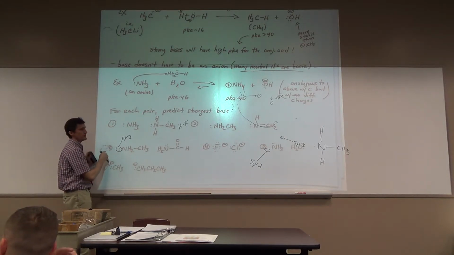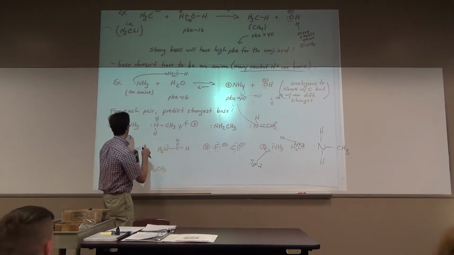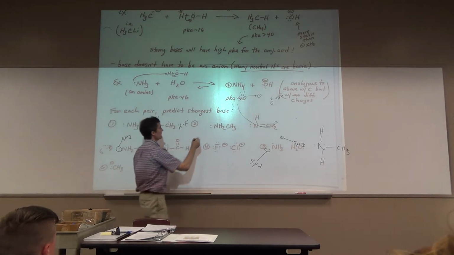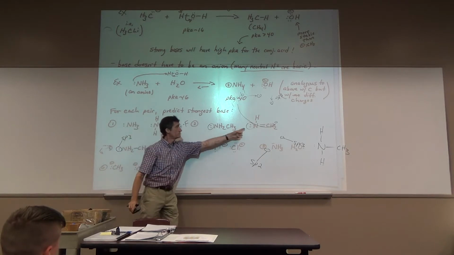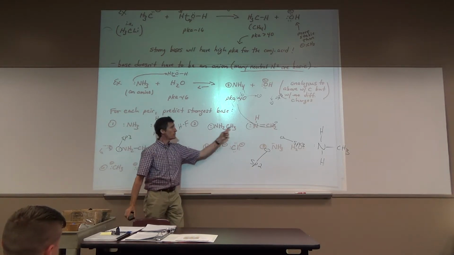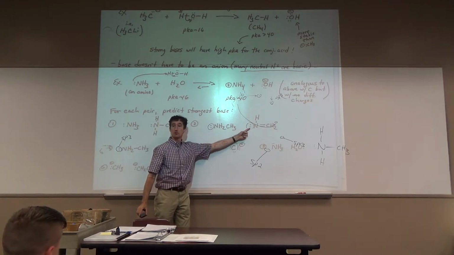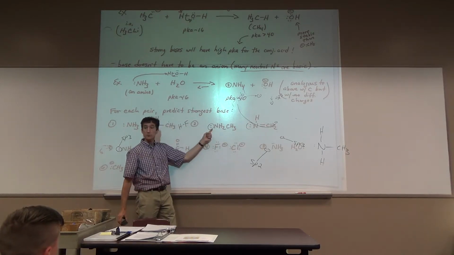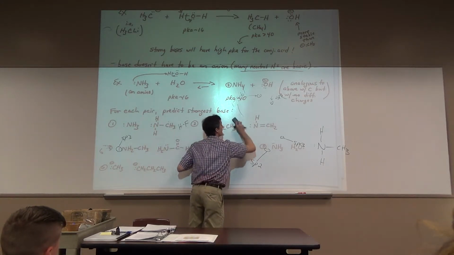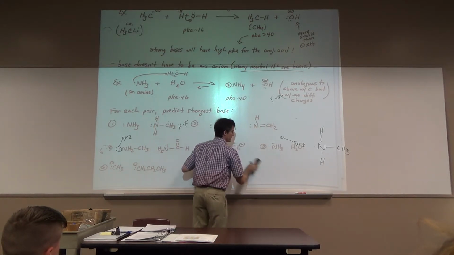That's kind of the same thing over here. Which lone pair is more stable? The one in an sp3 or the one in an sp2? The one in sp2 is more stable. That's another reason you can say why this one's more basic. There could be multiple reasons that you could discuss.